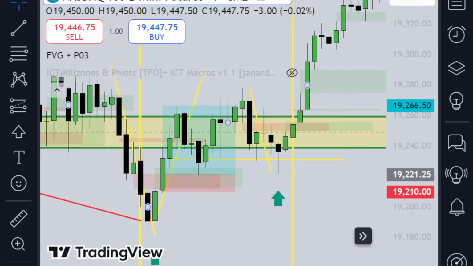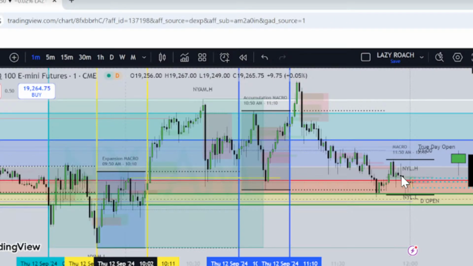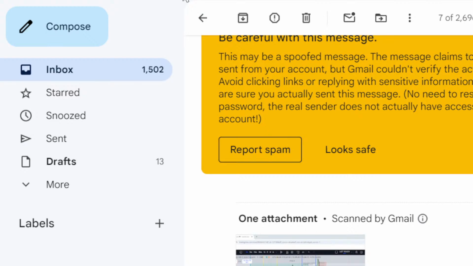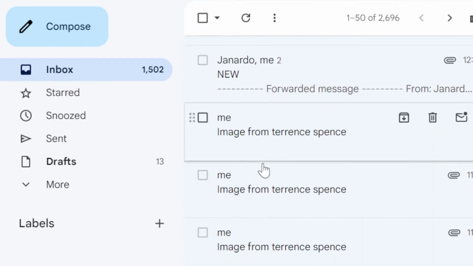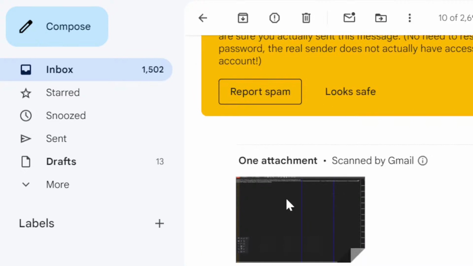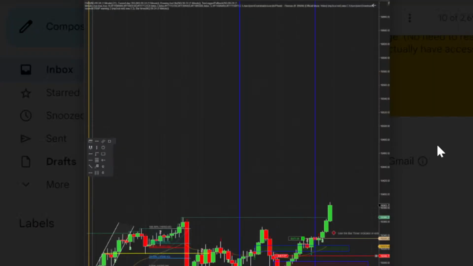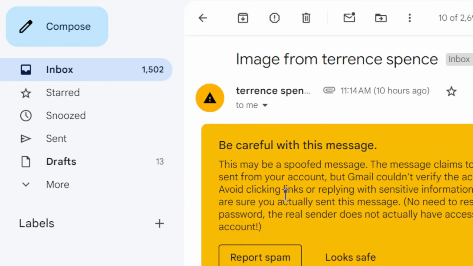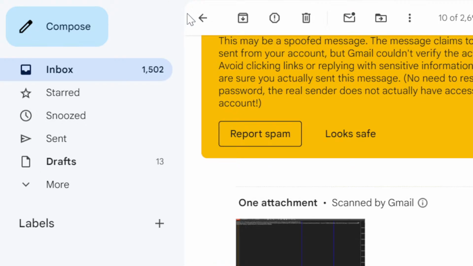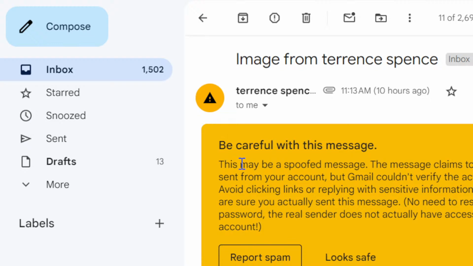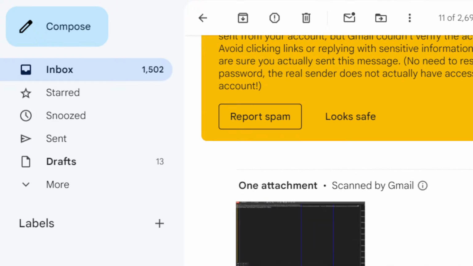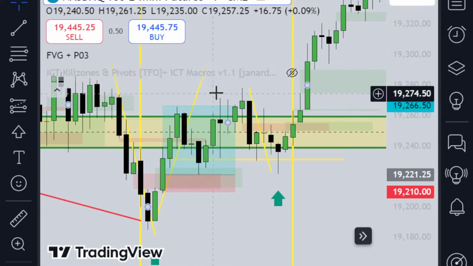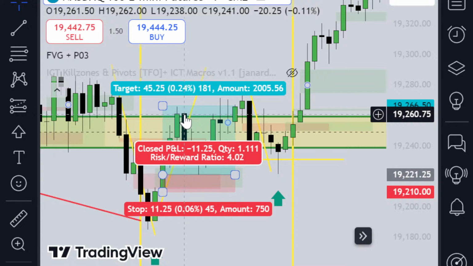You could see that in the picture. Hold on, I'll show you the picture after, but you'll see in the picture I literally just got out here.